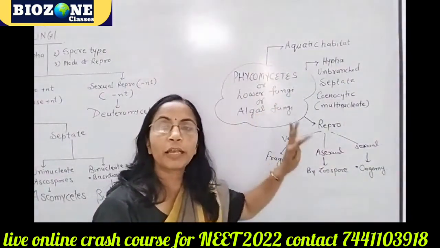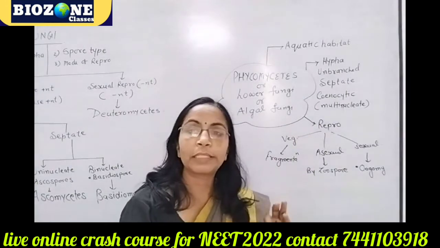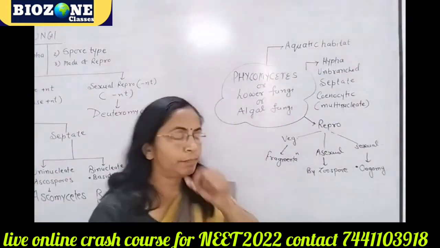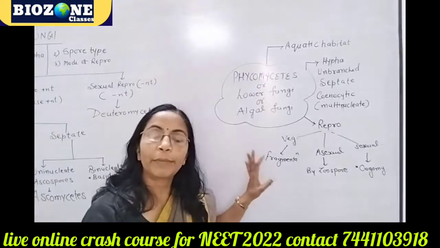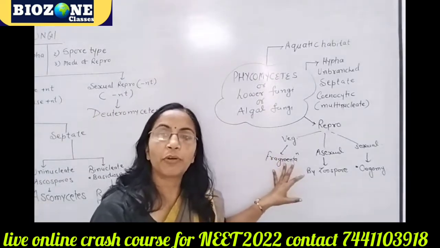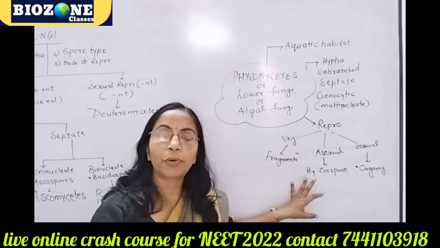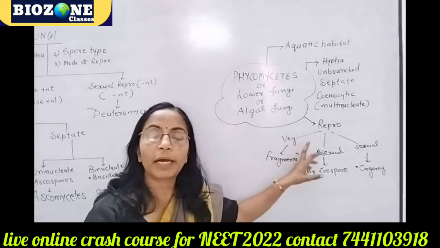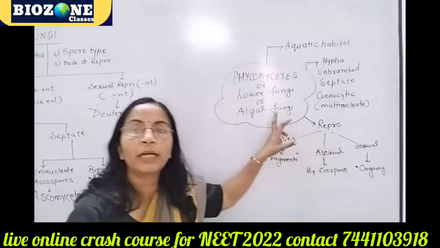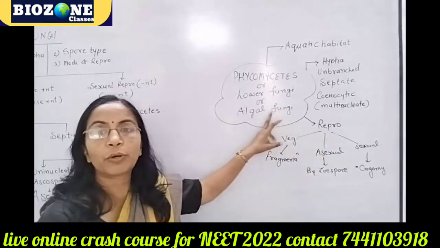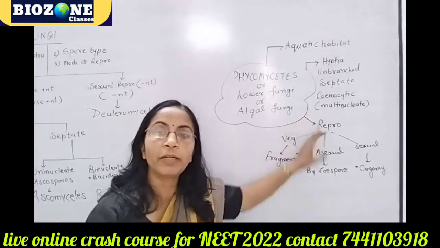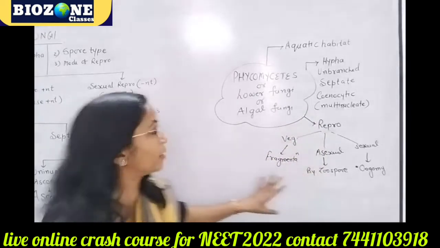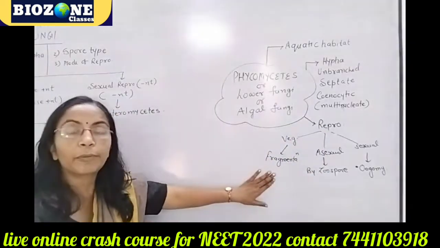The rest of the three classes: Basidiomycetes, Deuteromycetes, and Ascomycetes, all show septate and branched hypha. So septate and branched hypha is a feature of Asco, Basidio, and Deuteromycetes. Aseptate, unbranched, and multinucleate hypha is the feature of Phycomycetes, because true and false type questions are generally based on the type of hypha. So this part you remember regarding the hypha, regarding the reproduction.